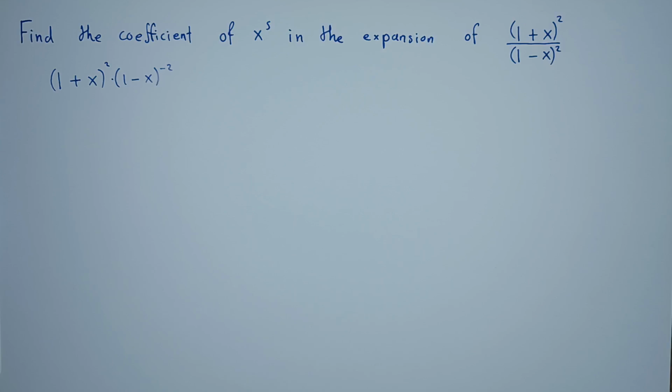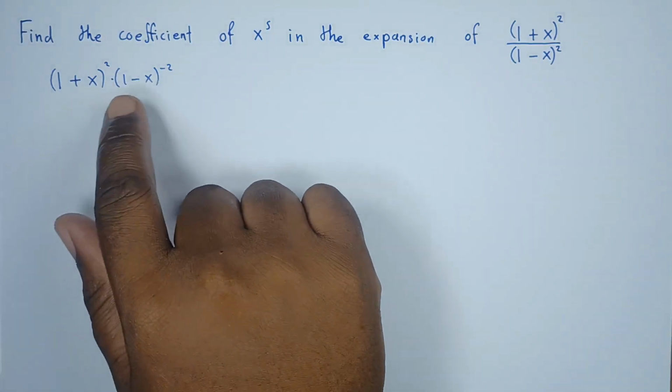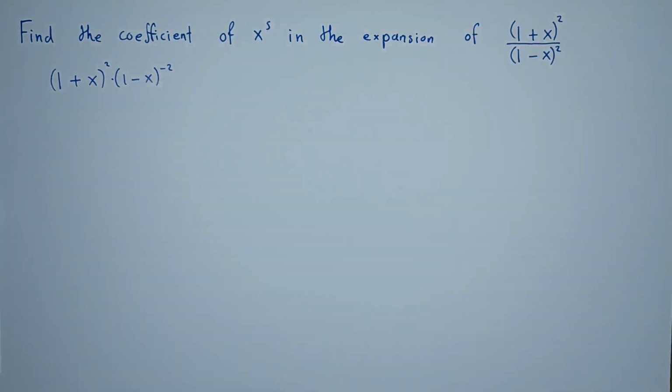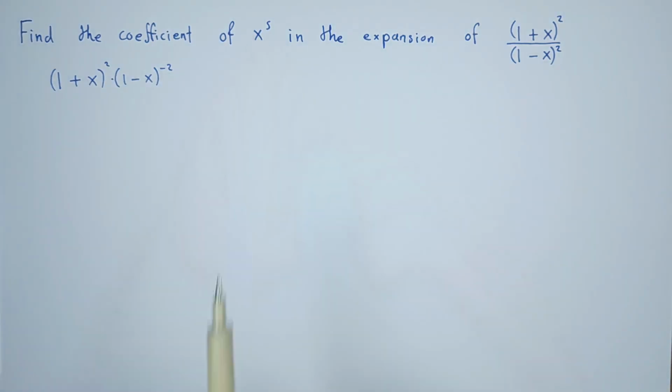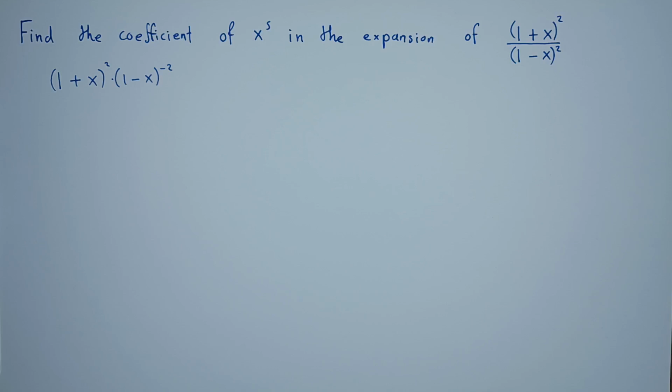Since 1 - x is in the denominator, we can just bring it up like that, then raise it to a negative power. So now what is expected of us is to expand both of these. For the first one, we can expand the whole expression. For the second one, we can only expand as far as the term x to the power 5.